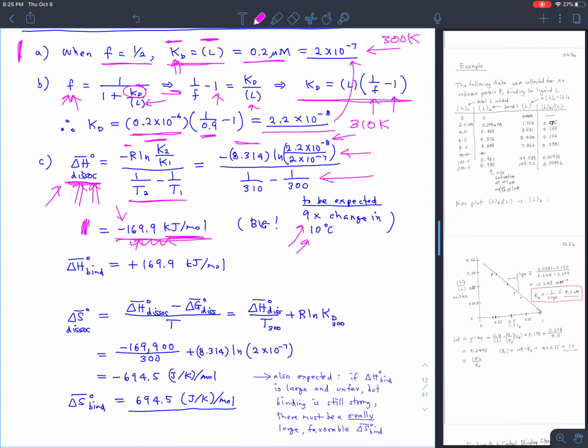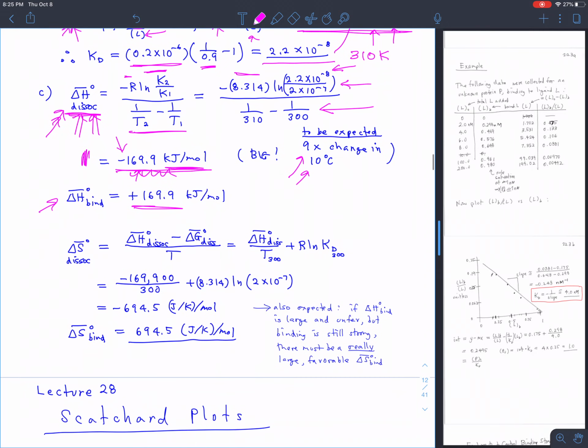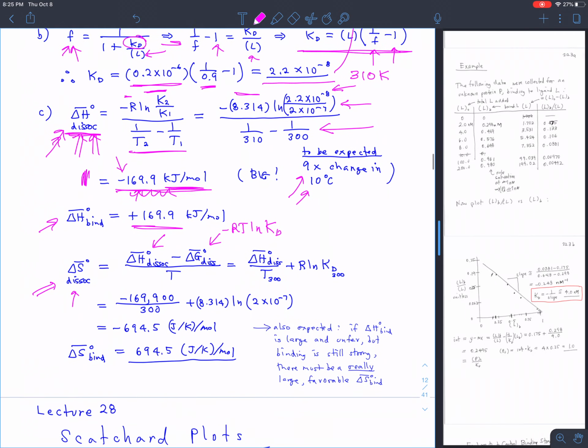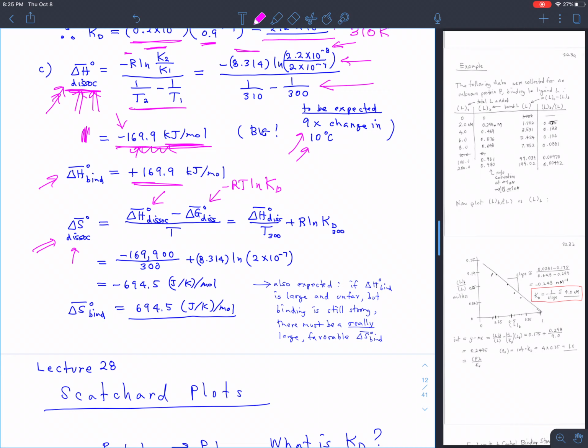So since this is the delta H for dissociation, the delta H for binding is just the negative of that, plus 170 kilojoules per mole, a very large, unfavorable, endothermic delta H for this binding reaction. We can now use our standard approach to calculating the delta S of dissociation again. We use the delta H of dissociation, and we use the delta G of dissociation, which is minus RT log of K of dissociation at whatever temperature we like.